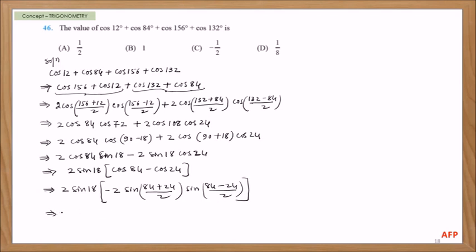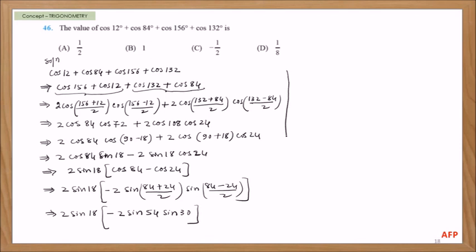So this implies 2 times sin 18 degrees minus 2 sin(108 divided by 2), 108 divided by 2, 54, 54, and the other is 36, 30 degrees.